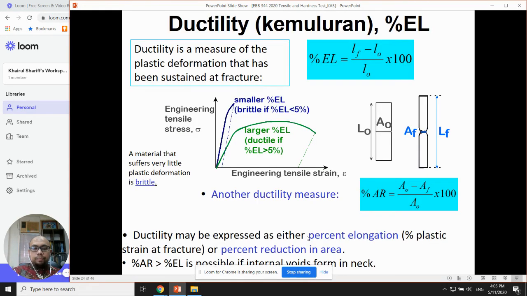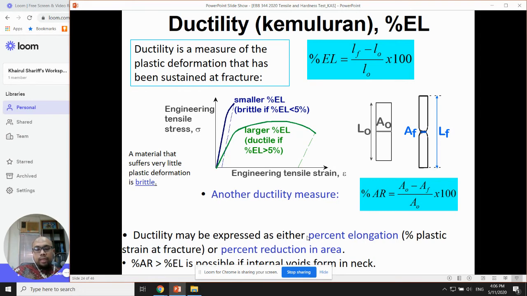So when we do the tensile test, I think I touched a little bit on it in the previous video. When you perform the tensile test, what parameter changes? Imagine when you pull the sample, of course, the length of the sample increases.